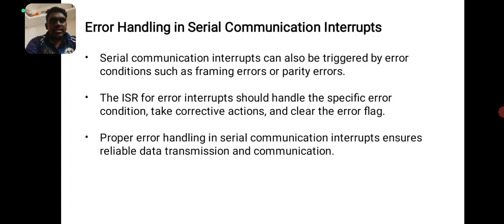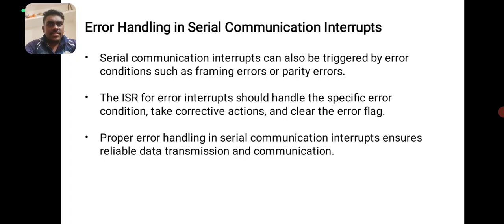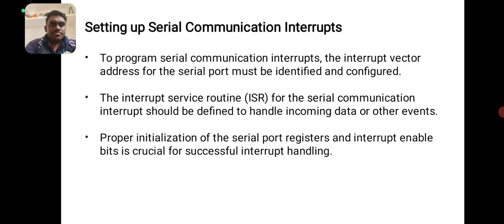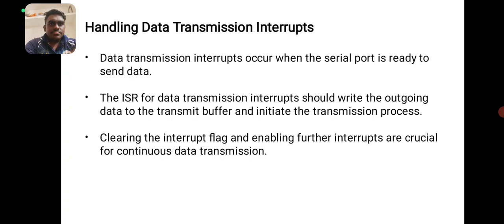We know about error handling in serial communication. We want to handle errors in communication interrupts. Serial communication interrupts can also be triggered by error conditions such as framing errors or parity errors. The ISR of data transmission interrupt should write the outgoing data to the transmit buffer and initiate the transmission process.